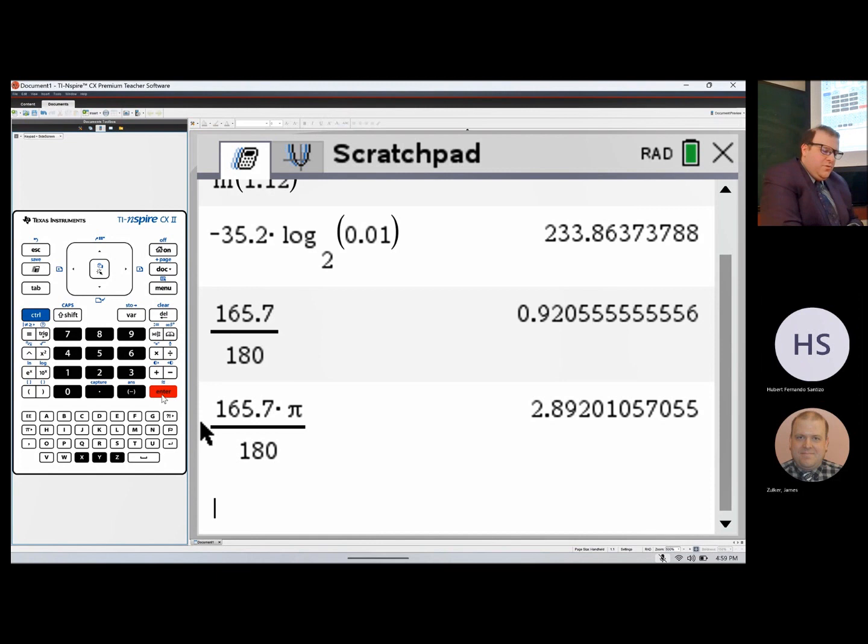And then again, you'd go to 3 sig figs, so it'd be 2.89 radians. And those are both correct answers. Notice I did not use 3.14 for pi. I used the actual pi command.